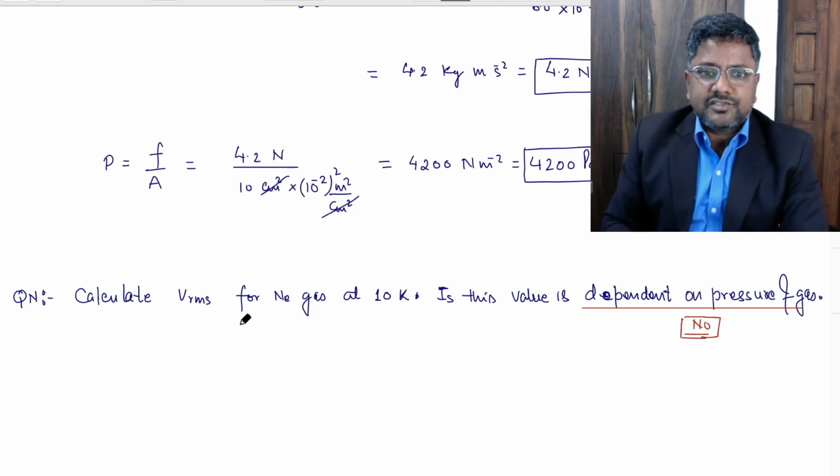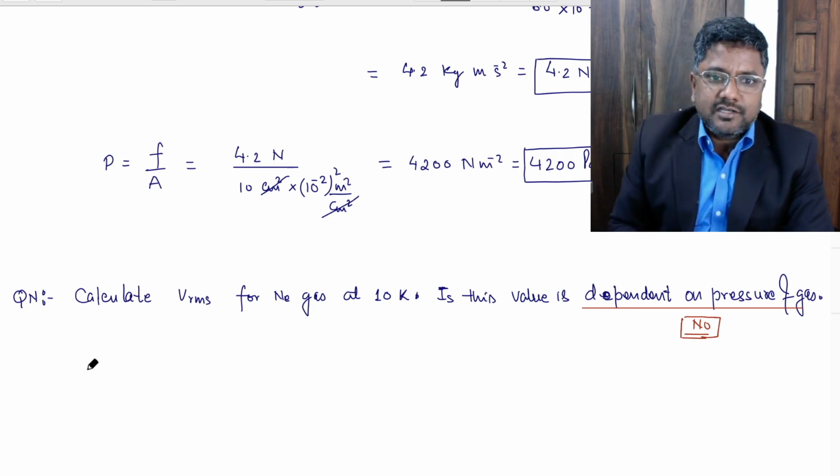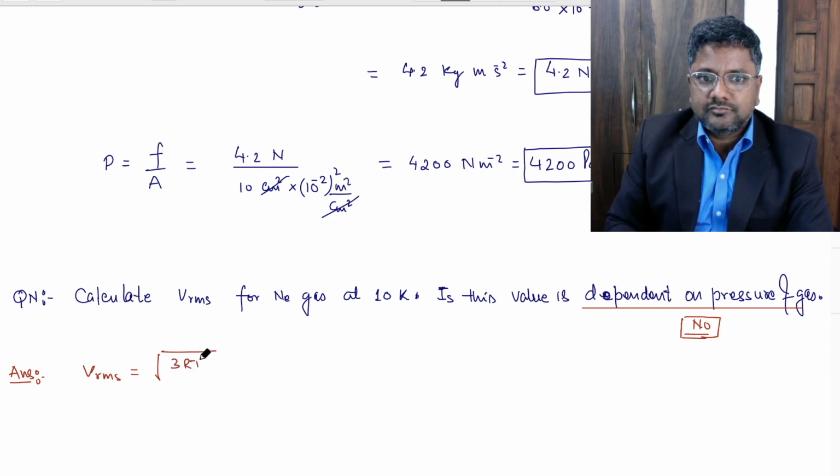So VRMS is equal to under root 3RT by M per mole, right?